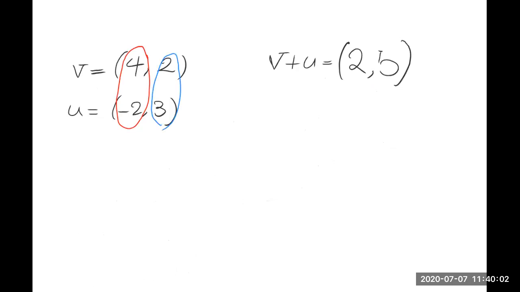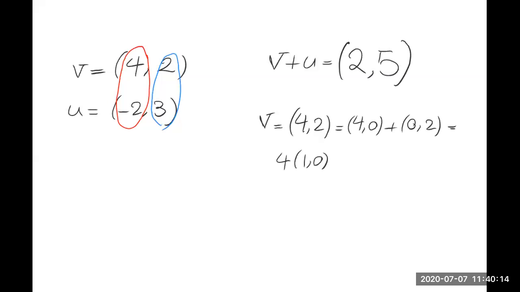That's one way to do it. The other way is to say V is 4 and 2. 4 and 2 is equal to 4, 0 plus 0, 2. And 4, 0 is 4 times 1 and 0 plus 2 times 0 and 1. Therefore, it is 4 times I plus 2 times J.